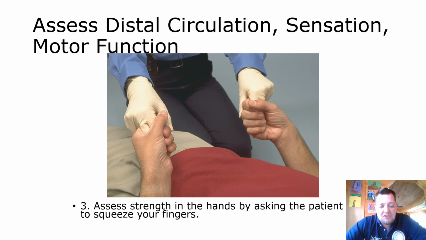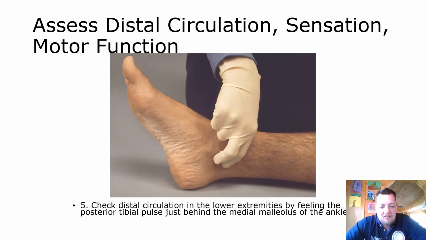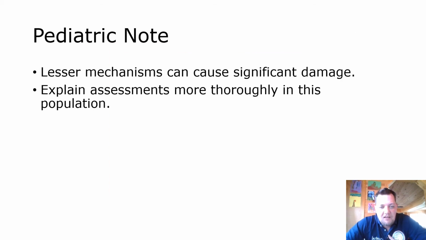Assess strength in the hands by asking the patient to squeeze your fingers. Feeling the posterior tibial pulse just behind the medial malleolus, which is the knob on your ankle. On a pediatric note, lesser mechanisms can cause significant damage to pediatric patients, and explain your assessments more thoroughly when you're dealing with the pediatric patient.